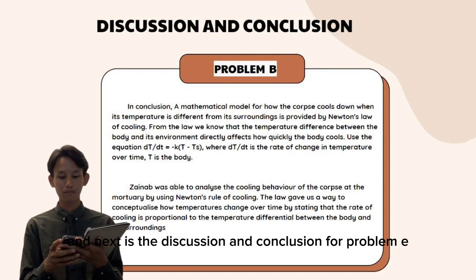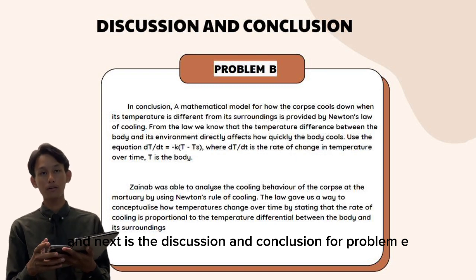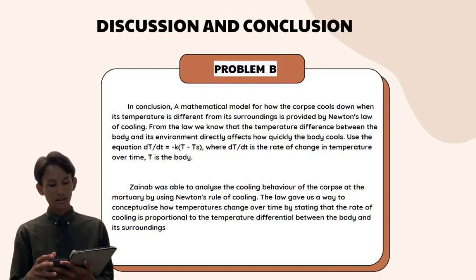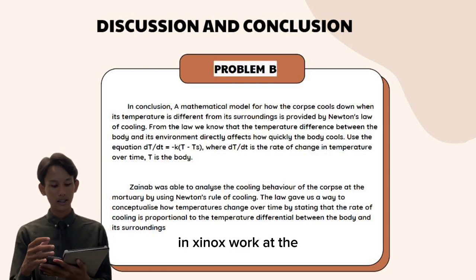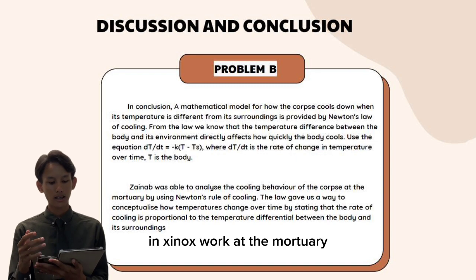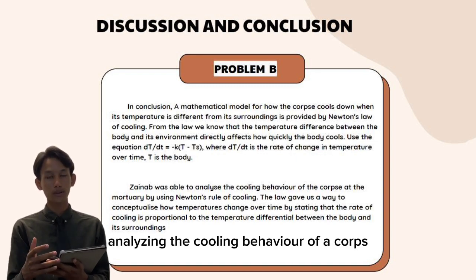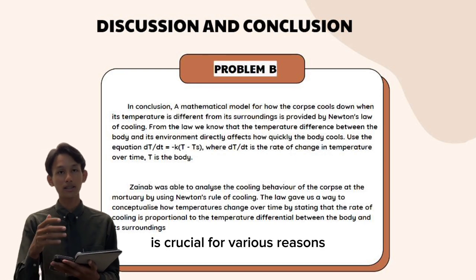And next is the discussion and conclusion for problem B. In conclusion, in Zainab's work at the mortuary, analyzing the cooling behavior of a corpse is crucial for various reasons.